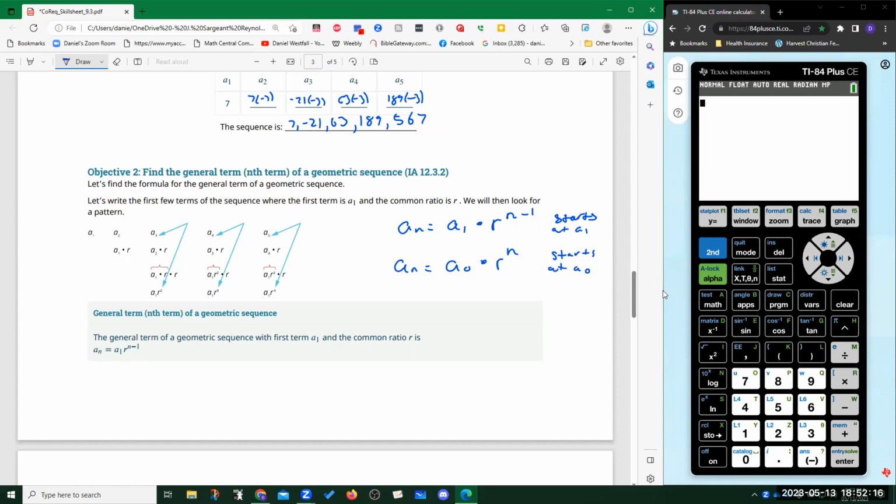So they're equivalent forms, but you just need to watch out what you're doing. We like to use this one a lot when our variable is actually time, or we have a t instead of an n, because we like to start counting time at 0. Other times, if we're talking about production, we may want to start talking about when we produce the first item, because you may not want to talk about producing nothing.